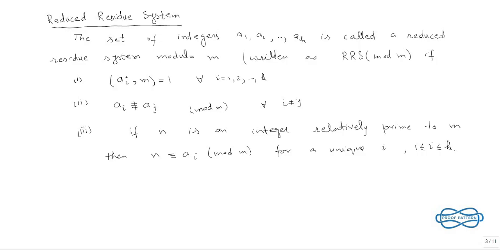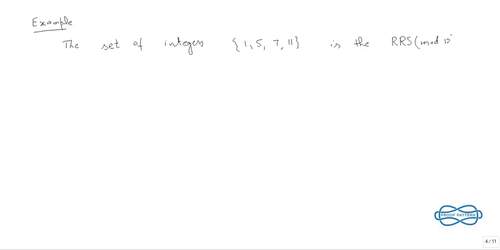We move further to understand this with the help of an example. The set of integers 1, 5, 7 and 11 is the reduced residue system modulo 12.